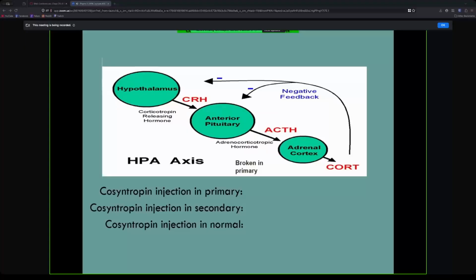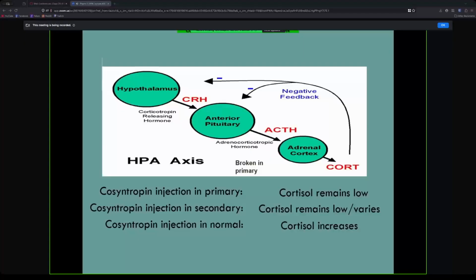So what do we have if we inject the cosyntropin in primary? It's going to remain low because it can't respond. The cortisol remains low. And then in secondary, it's going to remain low or vary, as I mentioned. Our normal patient, what's going to happen? Cortisol is going to increase.